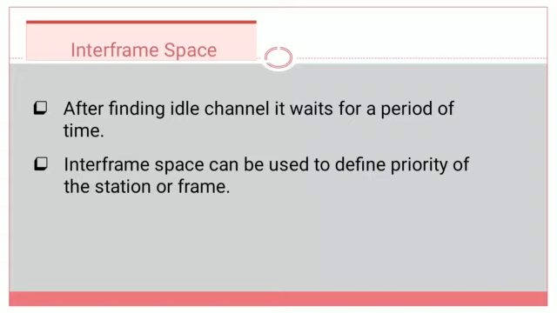Without knowing, all the stations sense the channel at the same time and identify that the channel is idle. Then all the transmitting stations start transmitting their packets on the shared channel, and because of that, collisions will occur. To avoid that type of collision, the interframe space can be used to define the priority of the station or frame.